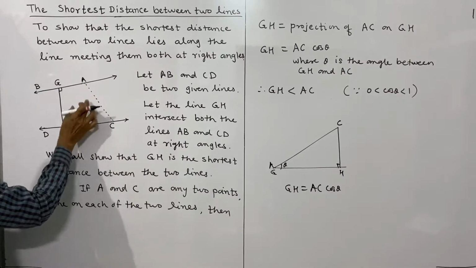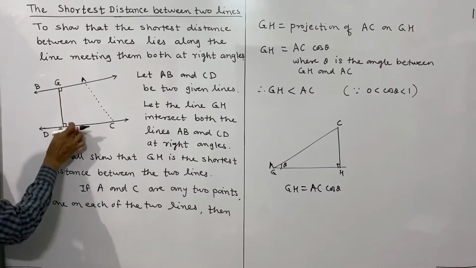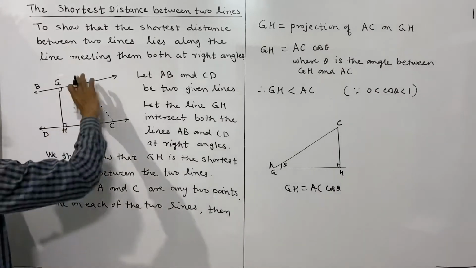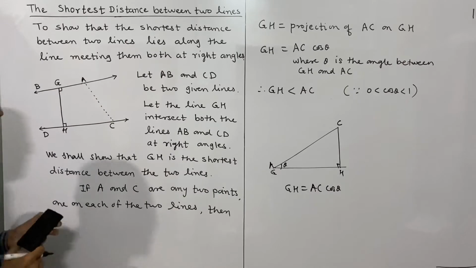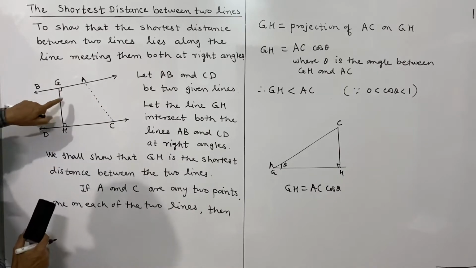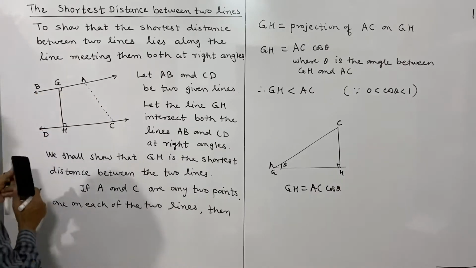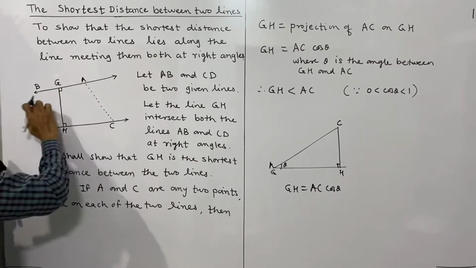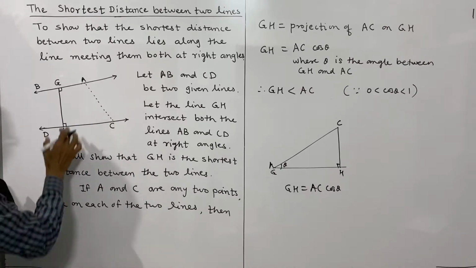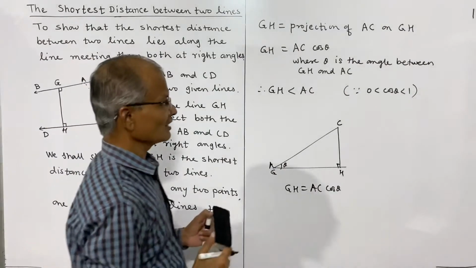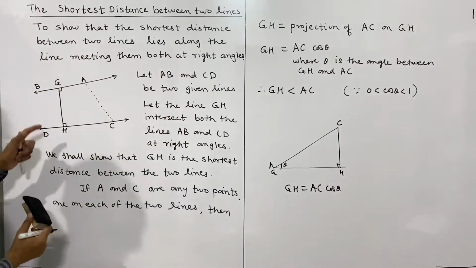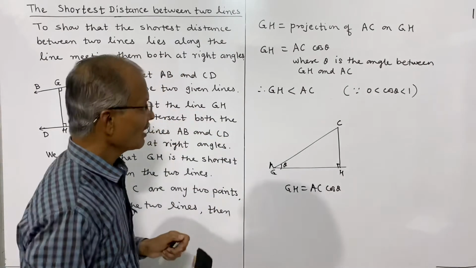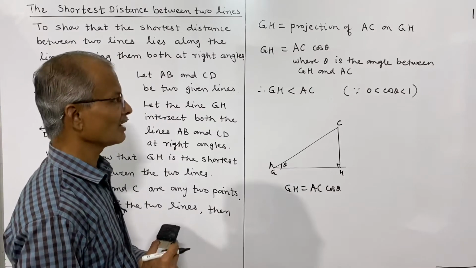If the angle is 0, then AC will be coincident with GH. And if the angle is 90 degrees between GH and AC, then AC will be along AB. So that is not possible, and therefore theta is between 0 and 90.